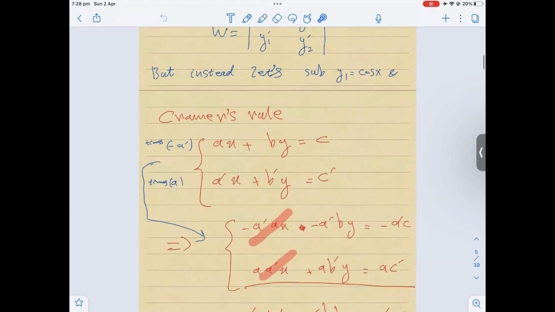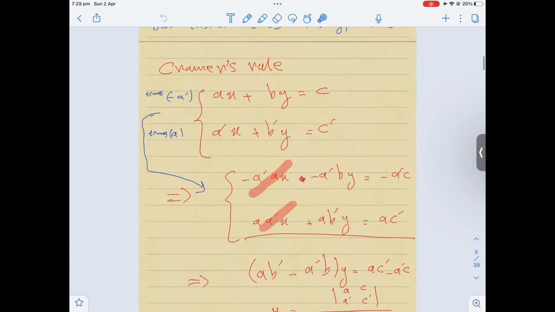I have written some explanation about Cramer's rule, which you probably haven't seen. Let's assume ax plus by equals c, and a prime x plus b prime y equals c prime. I multiply the first equation by minus a prime and the second expression by a, so the first terms will be the same and cancel.